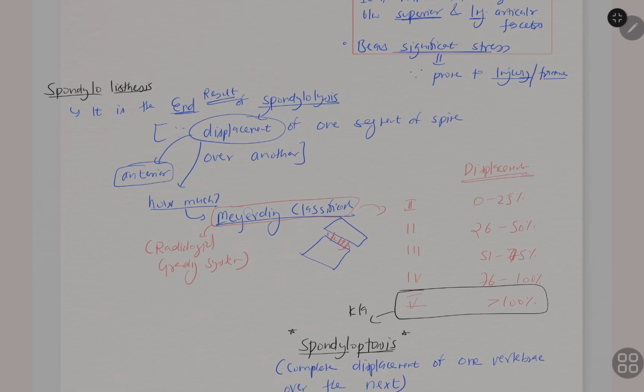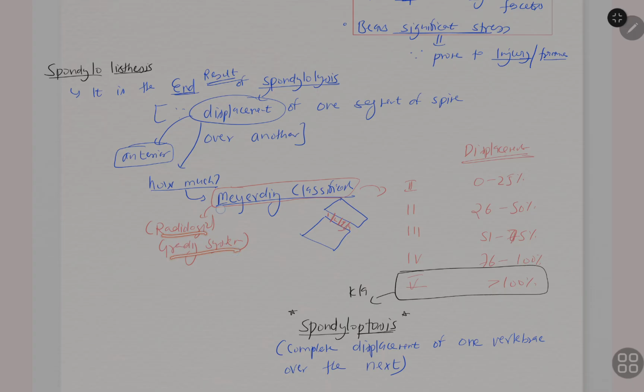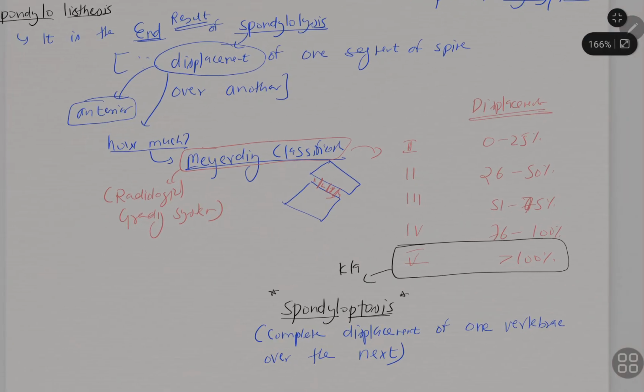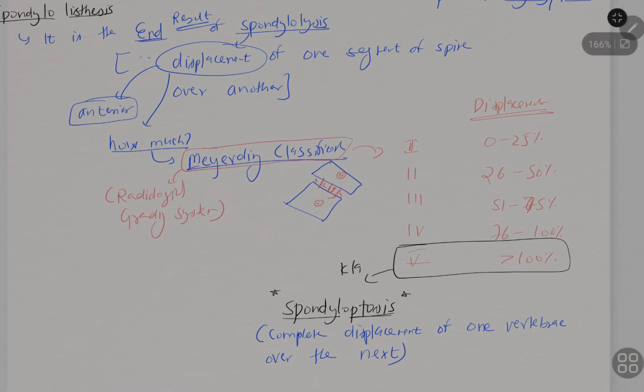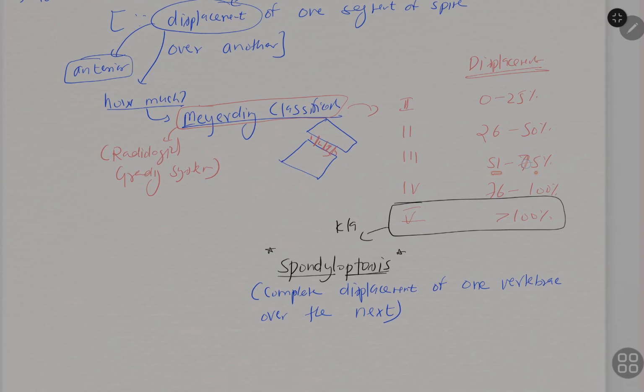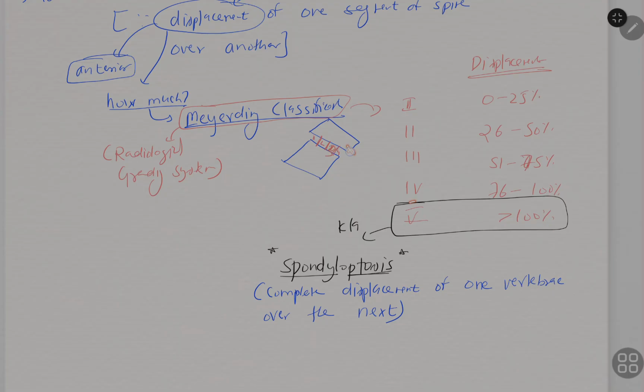And there is a radiological grading system for how much it is displaced, the Meyerding classification. Suppose these are two adjacent vertebrae, and one is displacing anteriorly. If it involves 0 to 25%, it is grade 1; grade 2 is 26 to 50%; grade 3 is 51 to 75%; grade 4 is 75 to 100%.